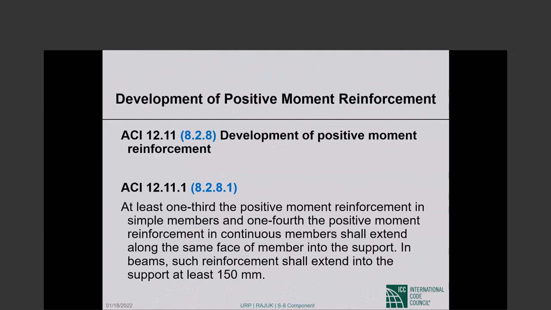Fine. Extend into the support only means such reinforcement shall extend into the support at least 6 inches. So it's not continuous reinforcement.